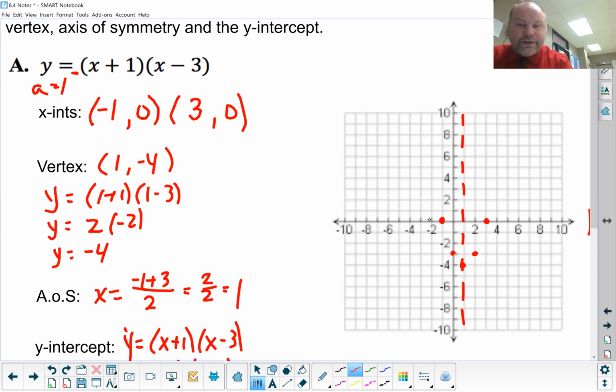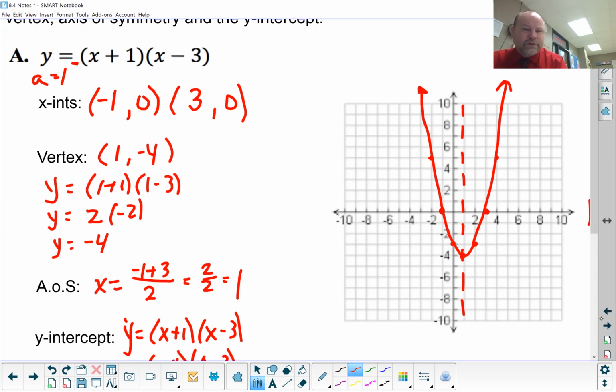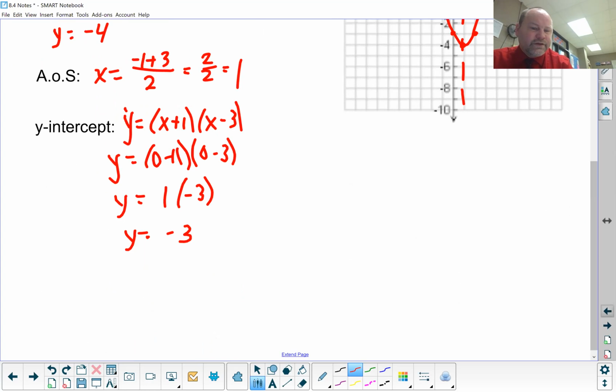Then I could go over 1 again and up 5. And if I had room, I could go over 1, up 7, and so on. And now we can sketch in our graph as best we can. So 0, -3 would be my y-intercept.